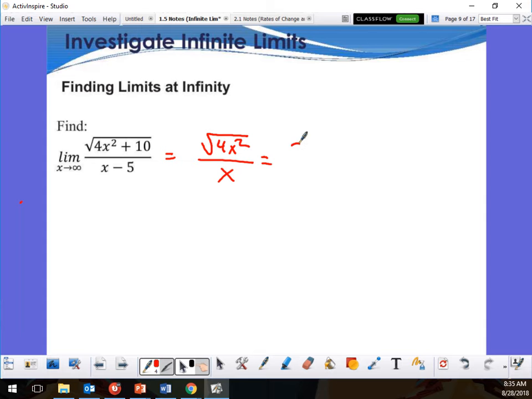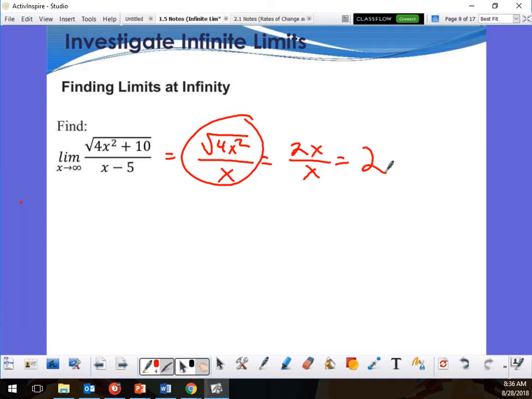So it's going to be 2x over x. As I'm approaching infinity, the math is not going to work out exactly like this, but with the trick you could do this piece, the leading coefficient, as part of it. So as I'm plugging in infinity, what am I going to end up at here? I'm going to go to 2. So as the limit approaches infinity, I go to 2.